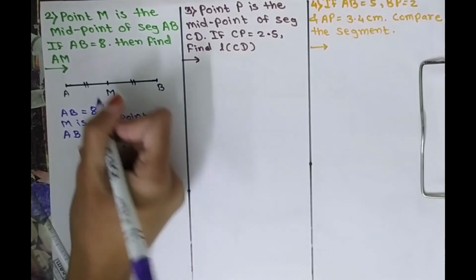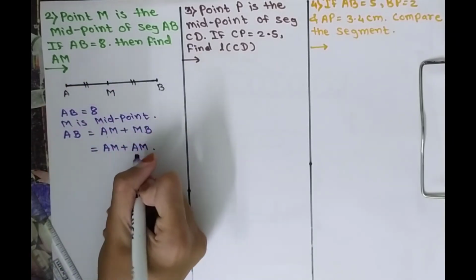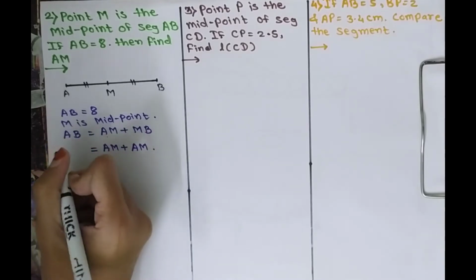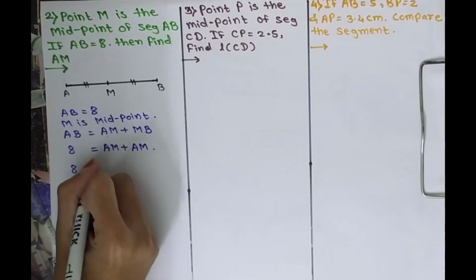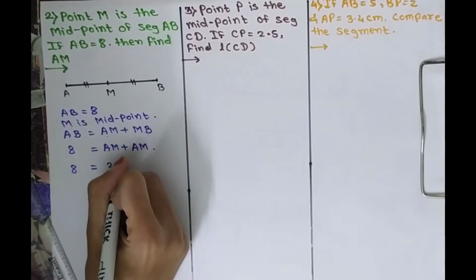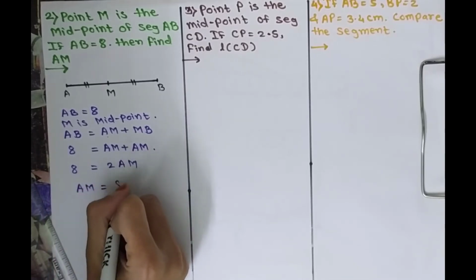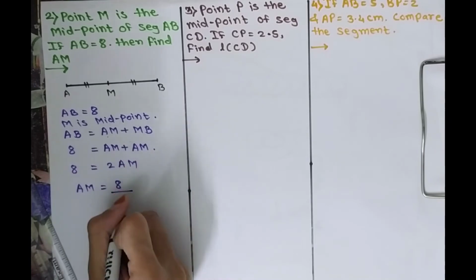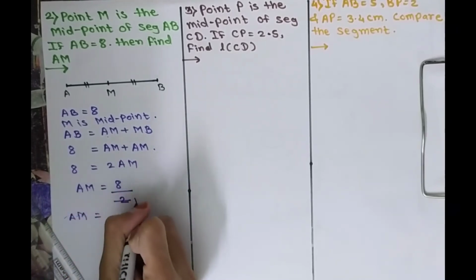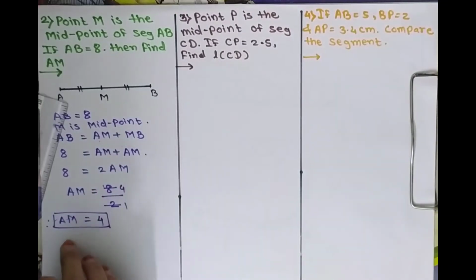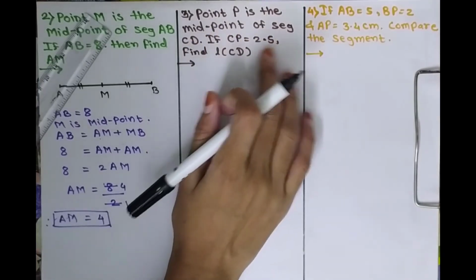AB is 8, so AM plus AM is 2 AM. 8 is equal to 2 AM. So AM is equal to 8 upon 2. Multiplying goes to dividing. So AM is equal to 4, since 2 fours are 8. Therefore, AM is 4.